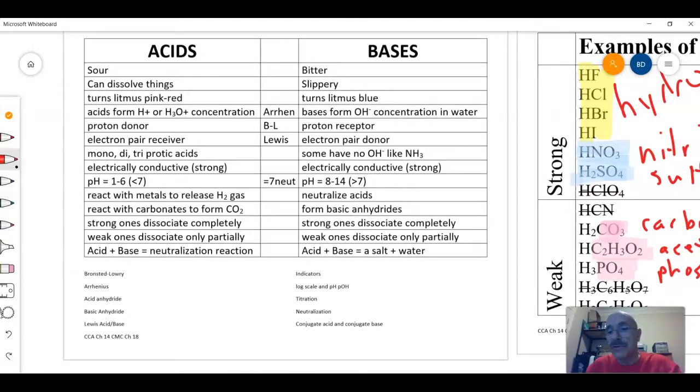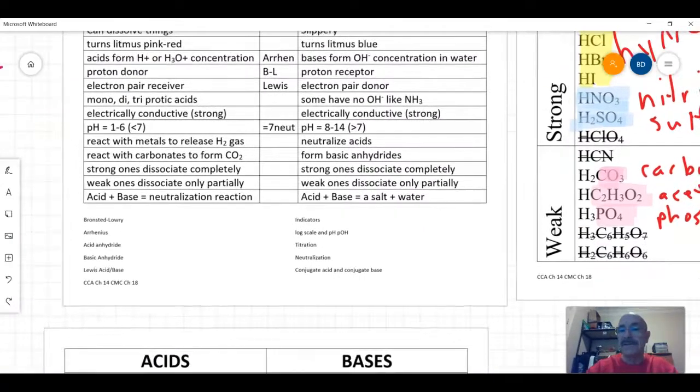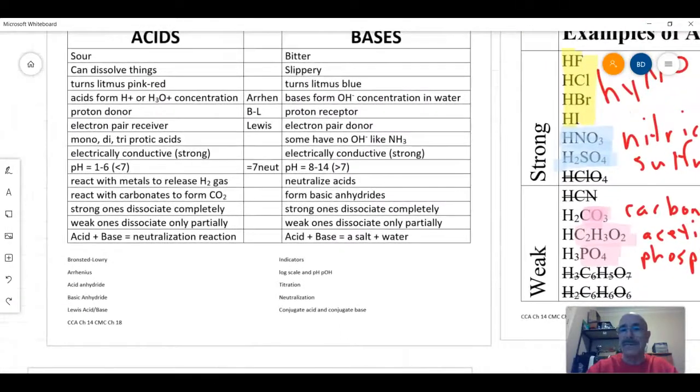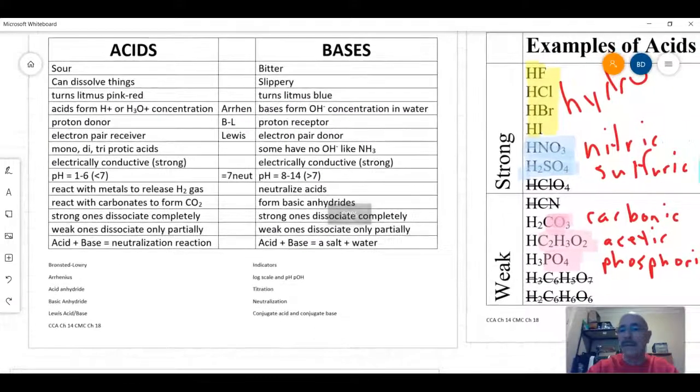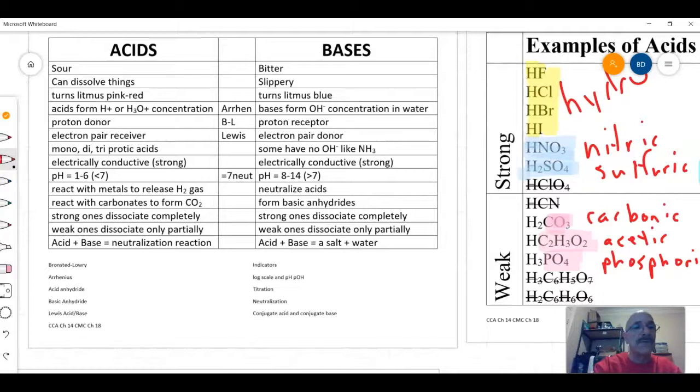Right now, my picture on my screen is showing that I'm kind of behind that acid down there. So I don't know if you see that or not. It bothers me a little bit.